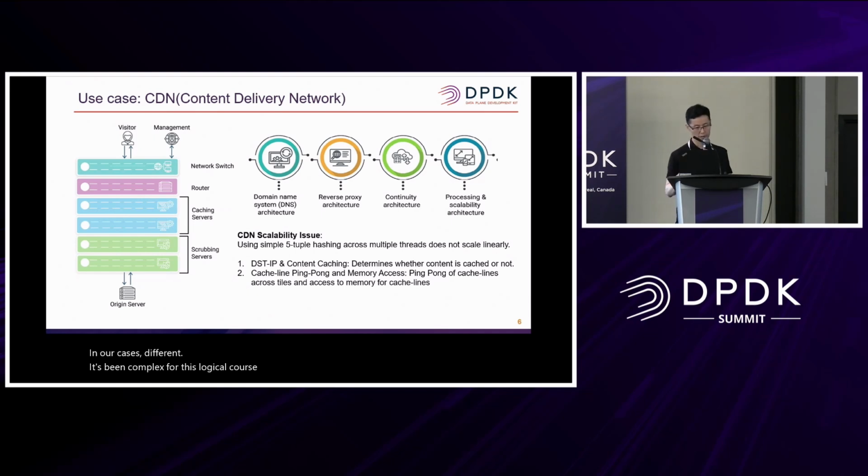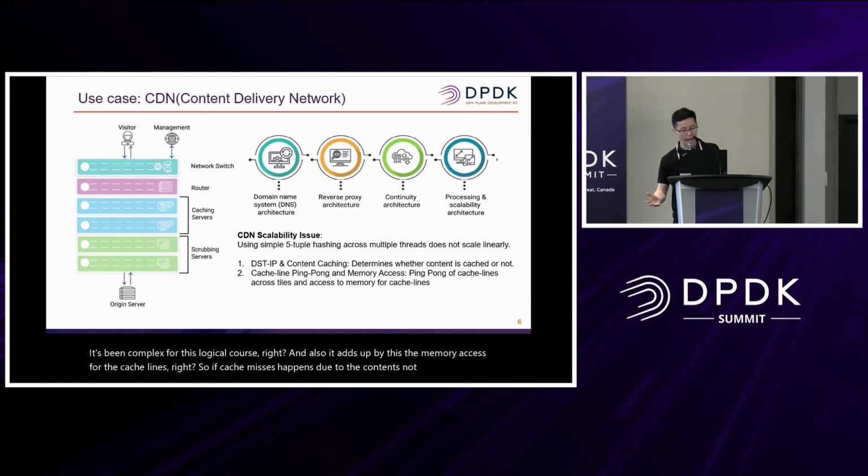It also adds up with memory access for the cache lines. If cache misses happen because the content is not in the local cache, and also large content items can span multiple cache lines, that causes more memory fetches and thread migration, and eventually causes the loss of cache locality, right?